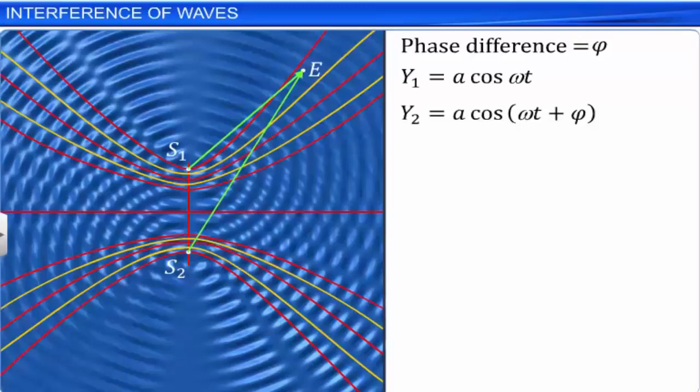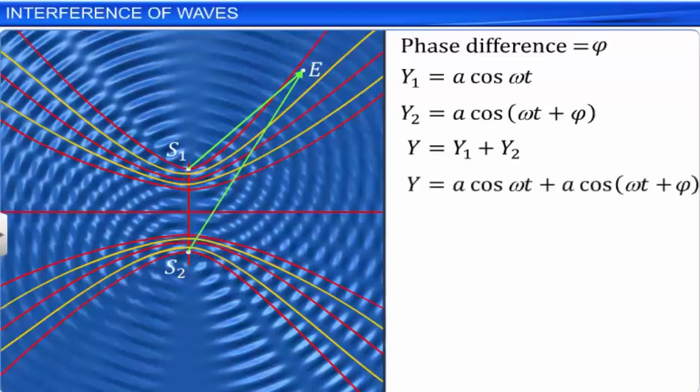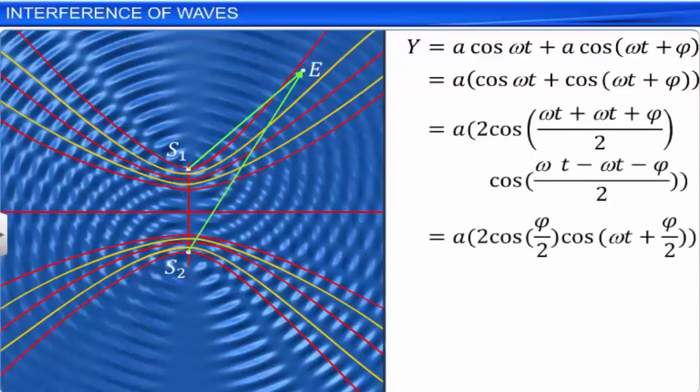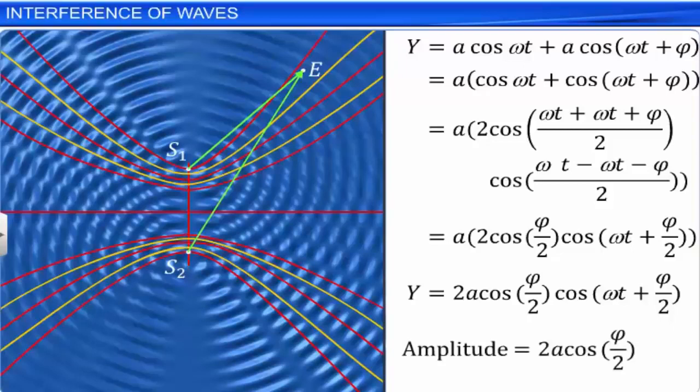The resultant displacement at E will be y is equal to y1 plus y2. Substitute the values of y1 and y2 in the above equation. On further simplification, we get y is equal to 2a cos (phi by 2) into cos (omega t plus phi by 2). The amplitude of the resultant displacement is equal to 2a cos (phi by 2).